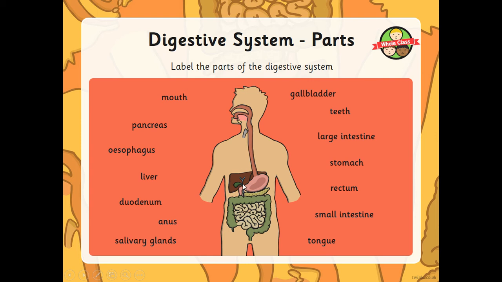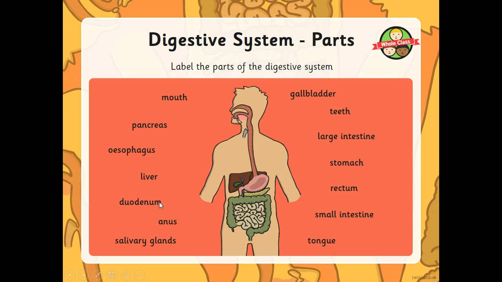We've got some parts around here that play an important part. So there, the brown one is the liver. Okay, we've got liver there. And then we've got the gallbladder, which plays a part in digestion. And then behind that, going from the stomach into the small intestines, we've got the duodenum there.